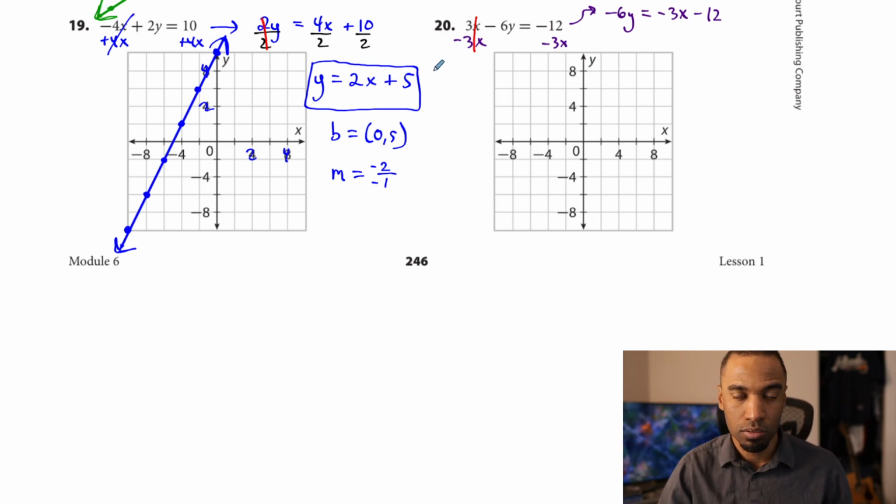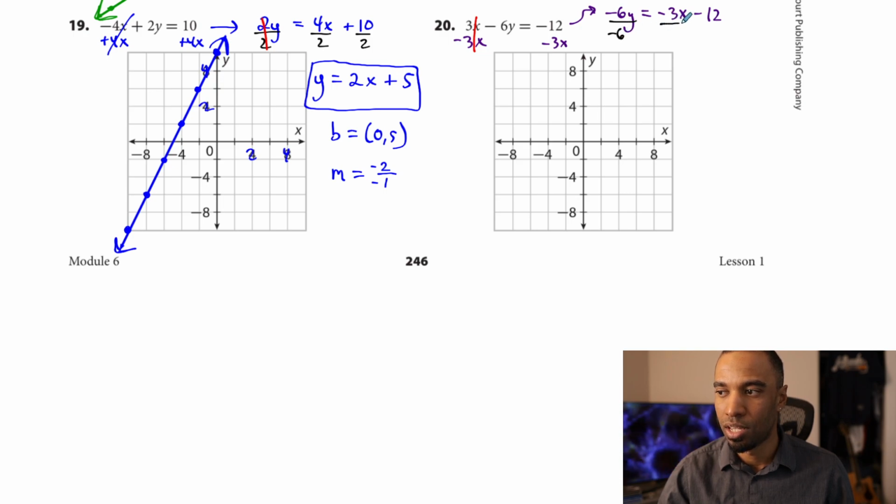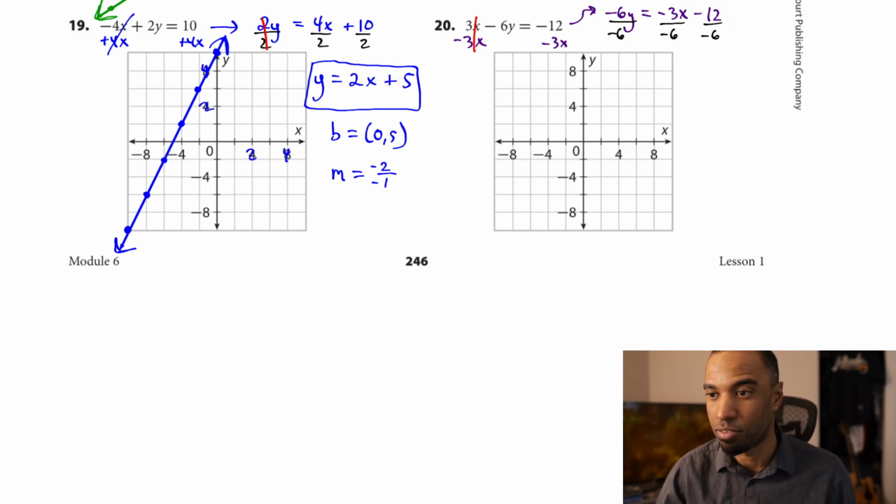We're not done though. We're not yet in slope-intercept form because y is not by itself. So I'm going to divide everything by negative 6, and a negative divided by negative, as we mentioned over and over, is a positive. Every term, awesomely, becomes positive here in the end. So now I'm going to have positive 1y, which is what I need.